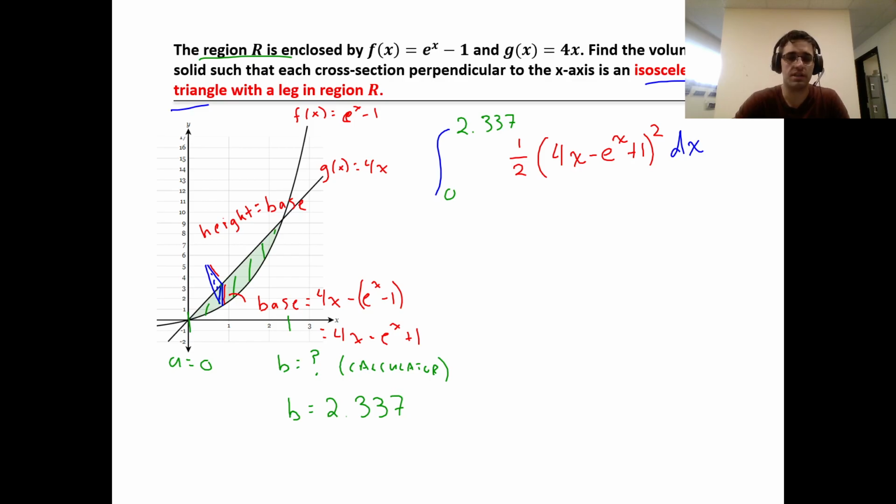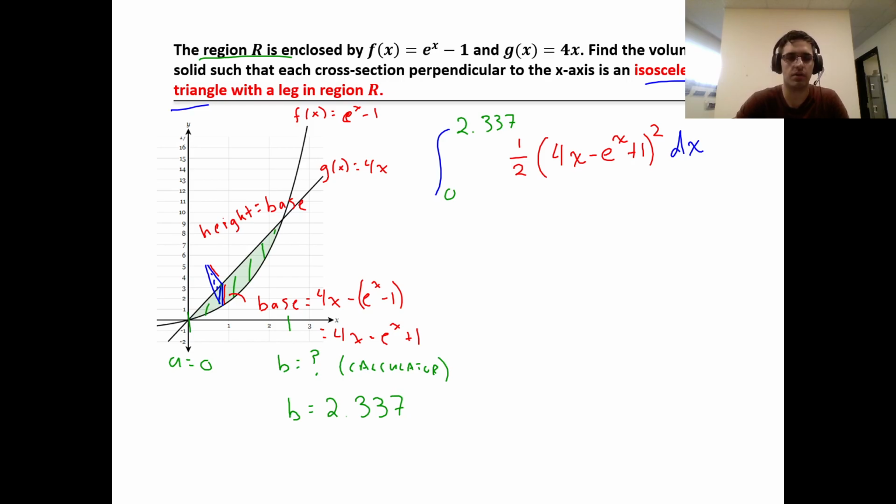So what we're going to do instead is go to the graphing calculator. You're going to type in for y1 the function e to the power of x minus 1, and for y2 you're going to type in 4x. Then we can graph those two functions and press the calculate button, right next to the graph button.